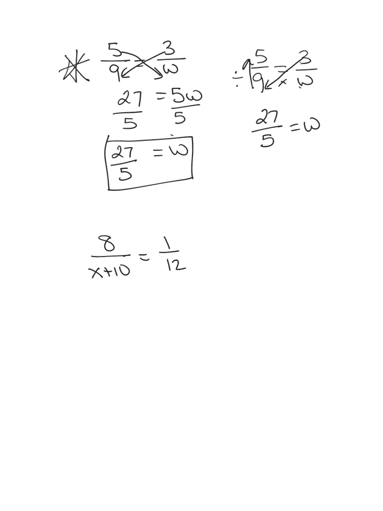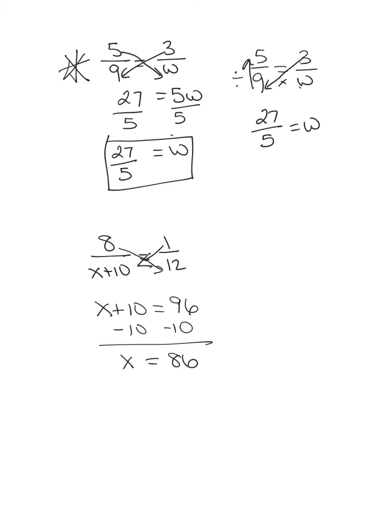So let's go ahead and cross multiply. 1 times x plus 10 is just x plus 10 equals 8 times 12 is 96. So you guys know this, simple, breezy, minus 10, x then equals 86. All right, that should take you through your homework without a problem.